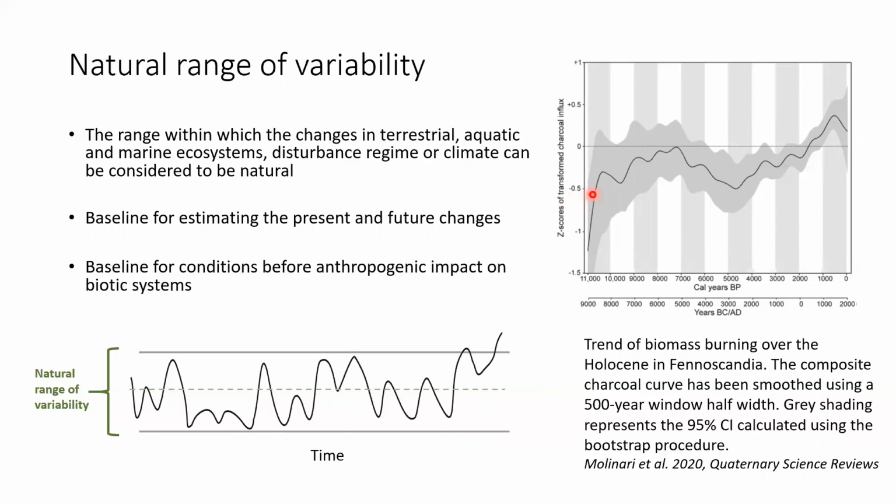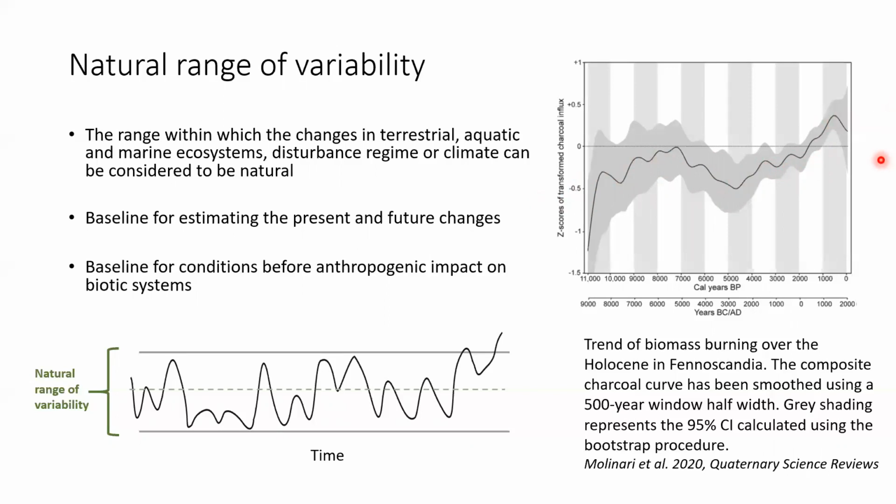And here we can see some changes in the fire or the amount of burned biomass during these 11,000 years. And we can see that there have been some changes, but then there's clearly an increase in the burning towards the late Holocene.